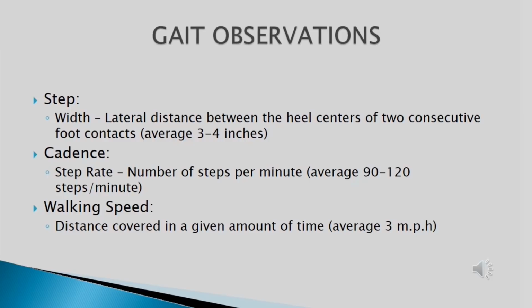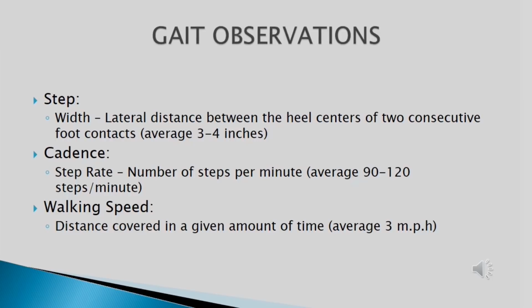And so if we were to draw two lines parallel to the foot, as the left foot lands on the ground and goes through the gait cycle, and then as the right foot lands on the ground and goes through the gait cycle, if we were to draw parallel lines down the long axis of the footprint made by the left and right lower extremities, we would see that the distance between those parallel lines is roughly 3 to 4 inches.